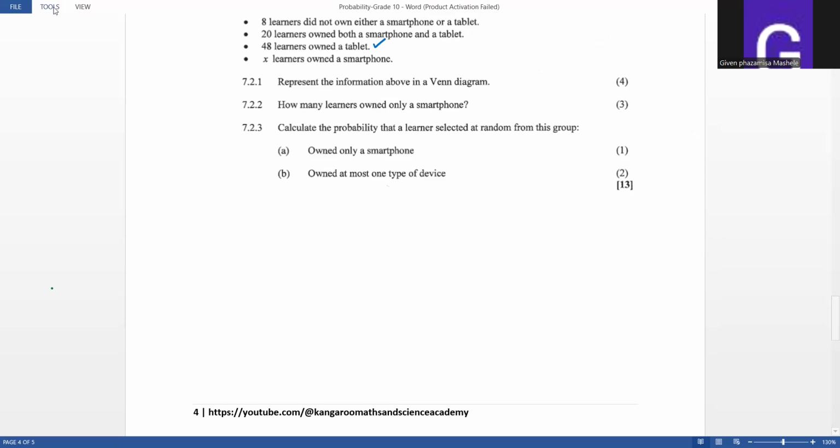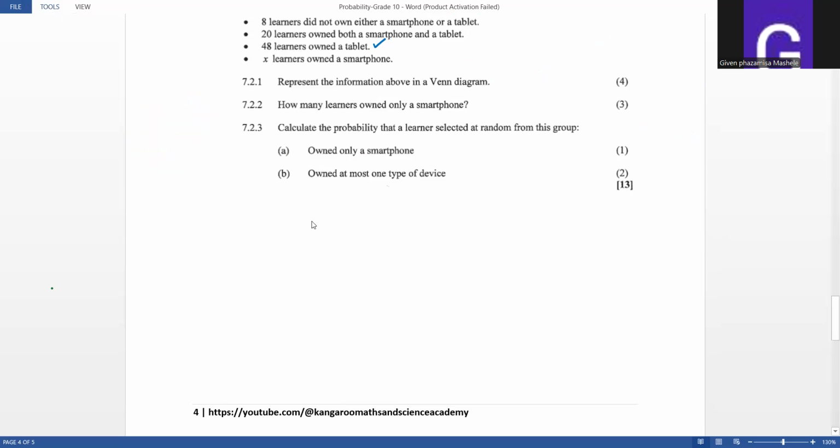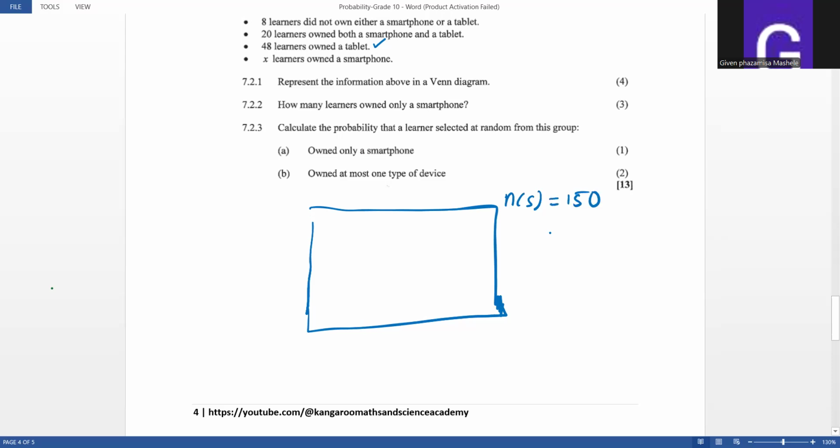So we're going to do this. Let's draw our Venn diagram. Just represent a set here. Because it's counting, it must add up to 150. So I'll draw the event.